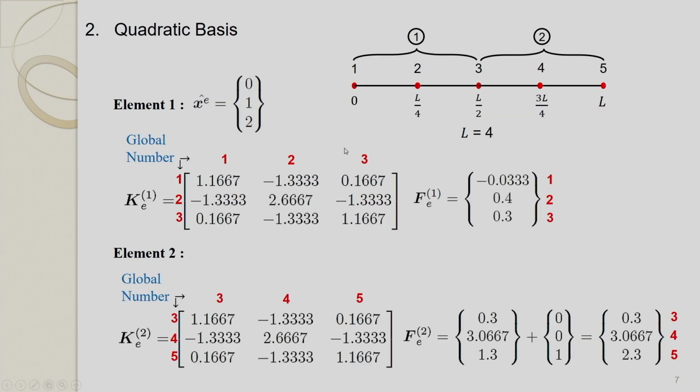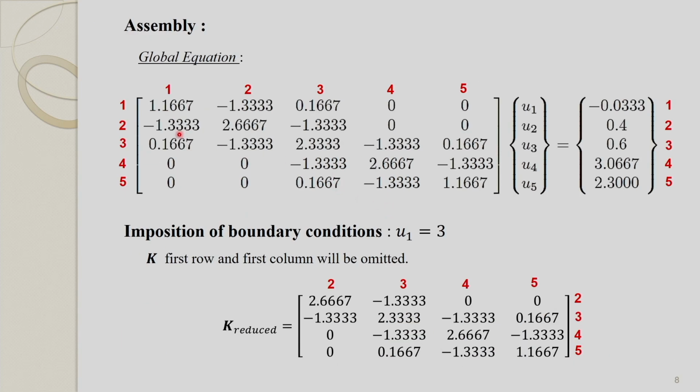All other entries appear only once. Second row, third column, minus 1.3333.